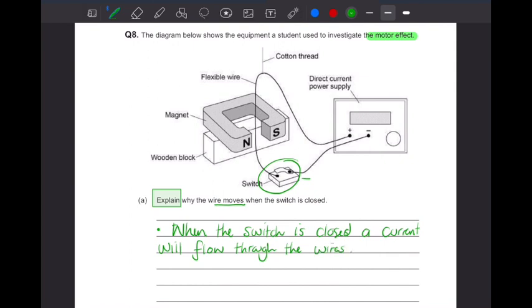Okay, so the current is now flowing through the wires. It flows conventional, positive to negative. The current is going this way around the circuit. As you can see, it goes down through where the wire is in the magnetic field.